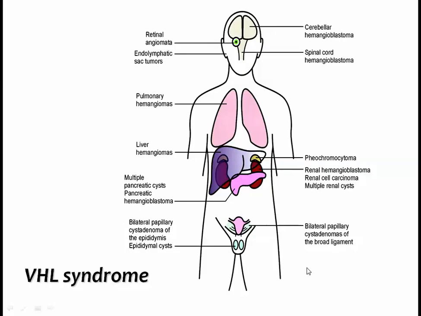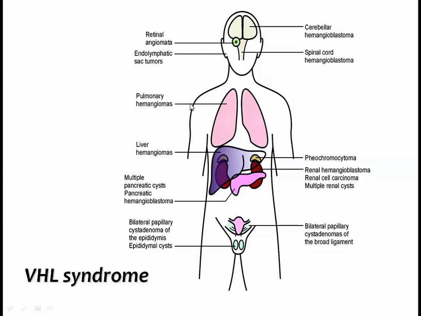In the cerebellum, you may get hemangioblastoma, and also in the spinal cord. And this is a retinal angioma, and also the endolymphatic sac tumors near the vitreous bone. Pulmonary hemangiomas are one of the components, and hepatic hemangiomas as well.